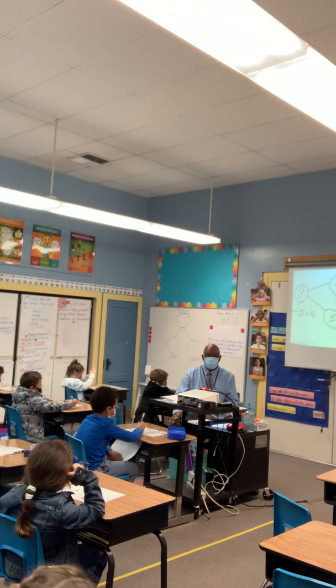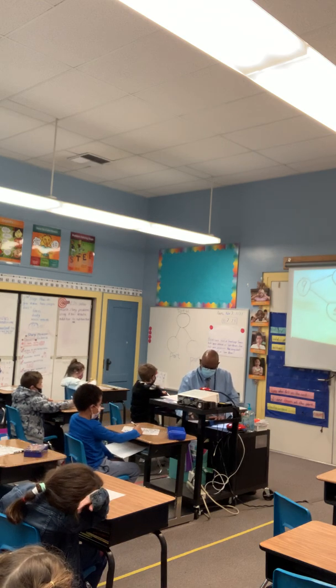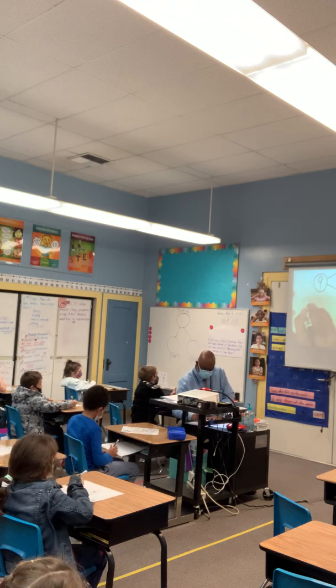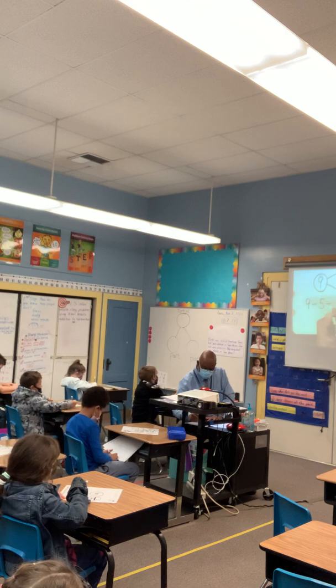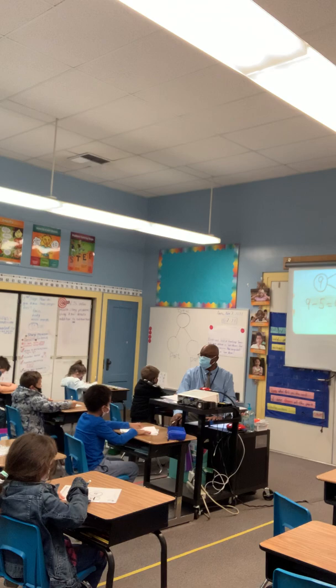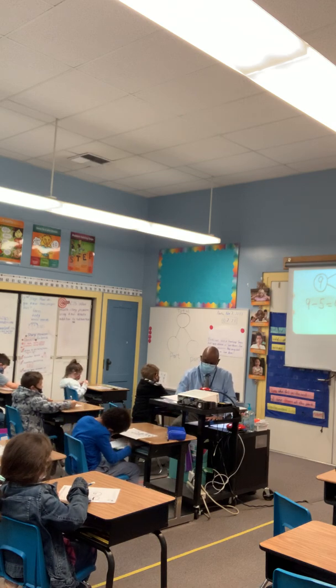We can't see the 9. Okay, let's try this. 9 minus 5 equals 4. Everybody see that? Yes. Okay, so since we have that, let's write our addition statement that balances that.